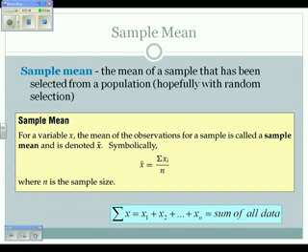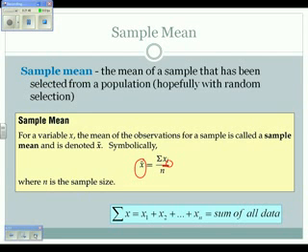We'll also do populations. They'll have different symbols. For populations, we'll use a funny Greek letter called mu. But for the sample mean, we use x bar, and then the individual data values in our sample are going to be x values. And all of this is just really funny notation.